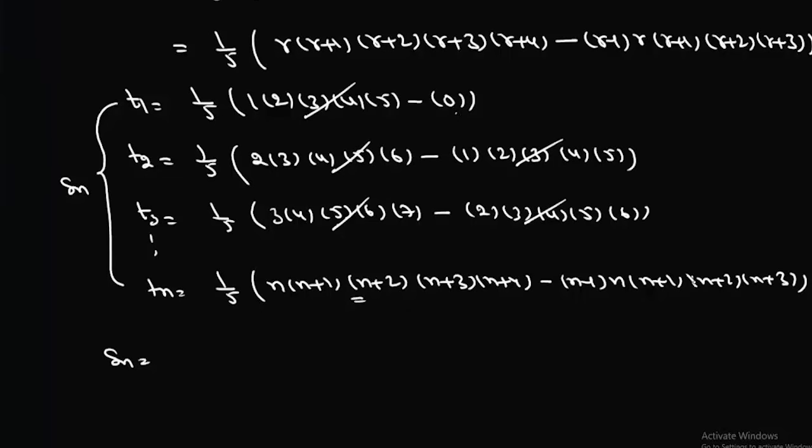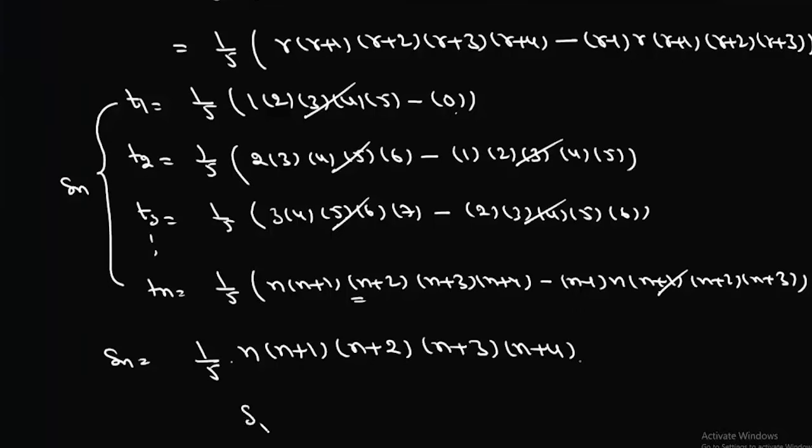What remains is this expression, so it'll be 1 by 5 into (n+1)(n+2)(n+3)(n+4), and that is the answer to this question. And since Sn is proportional to n, S infinite will be infinite. So as n approaches infinity, this sum is going to diverge.